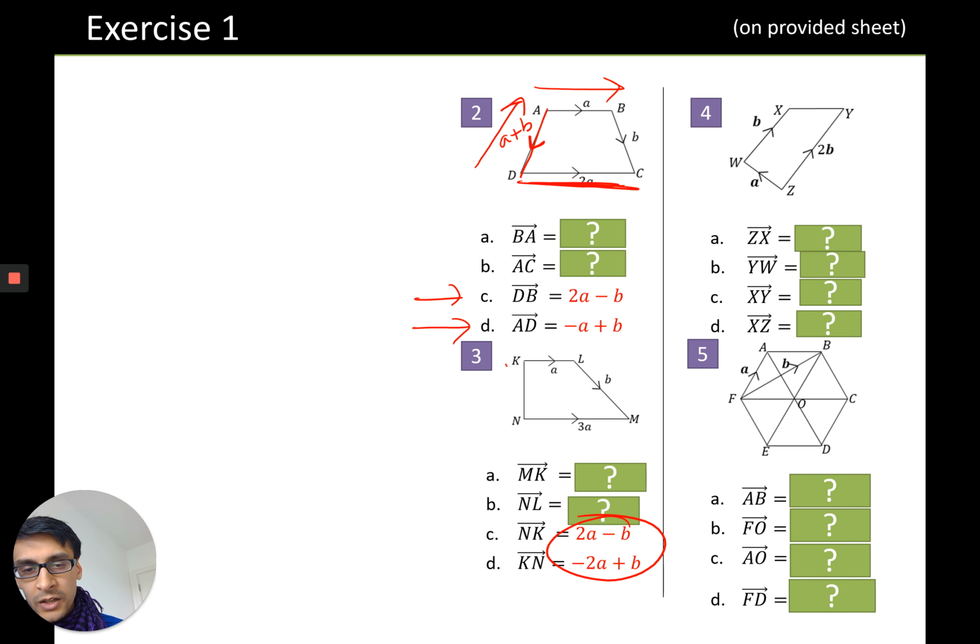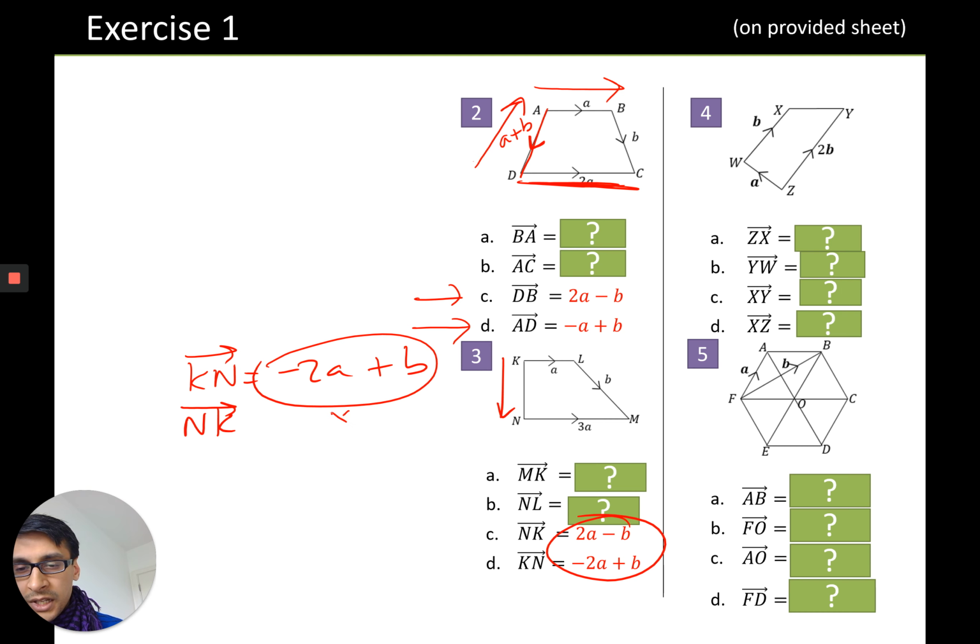So if you know that KN is equal to negative 2A plus B, well, that must mean that NK, oh, sorry, you have to use capital letters. That's very wrong not to do that. So KN is telling you that NK is just going to be this multiplied by negative 1, or in other words, the signs change. So that becomes 2A minus B, and you can see that here. So 2A minus B is NK.